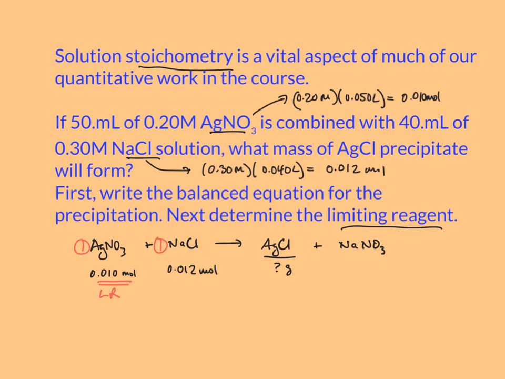So in order to calculate the silver chloride product, I take the 0.01 mole of silver nitrate. I multiply by a 1 mole AgCl for every 1 mole of silver nitrate ratio.